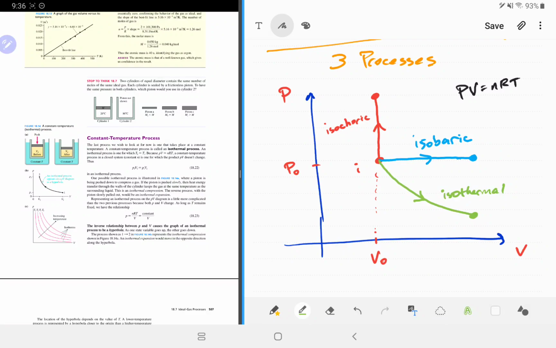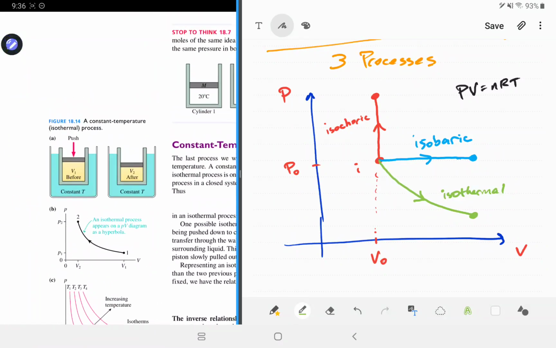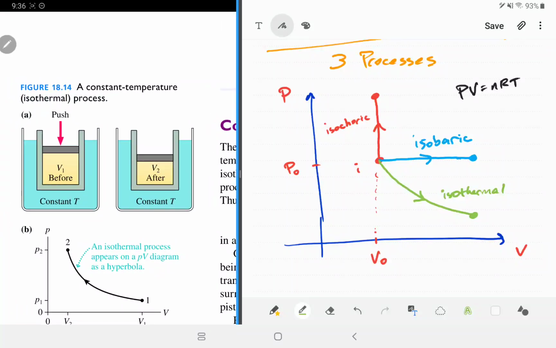So these are the three main ones, and your book gives an example of, if you have a water bath, you can force the gas to be at constant temperature throughout its process. So here it looks like we're decreasing the volume at constant temperature. And so I think in this picture, it would actually be going the opposite direction, right? If you're decreasing volume, you have to go this way on the isotherm, right?